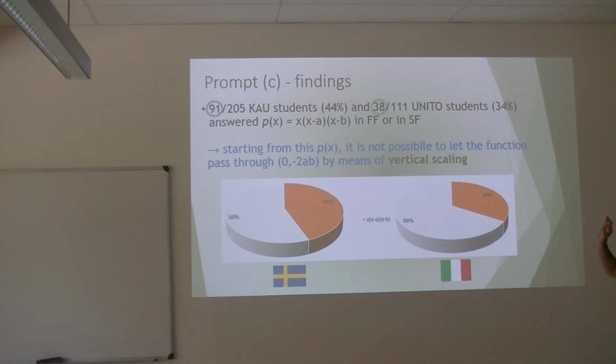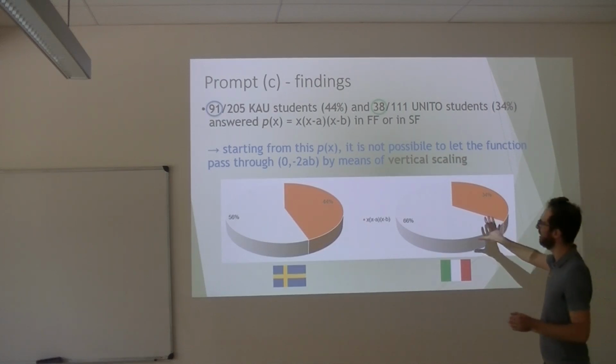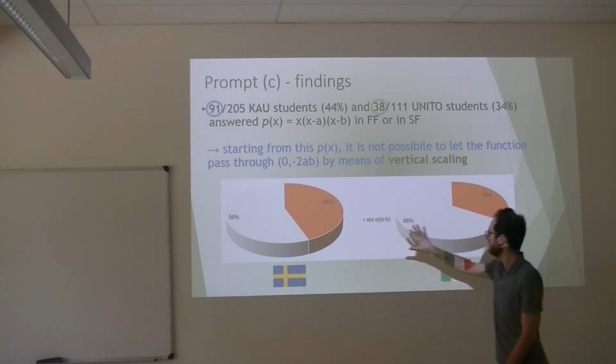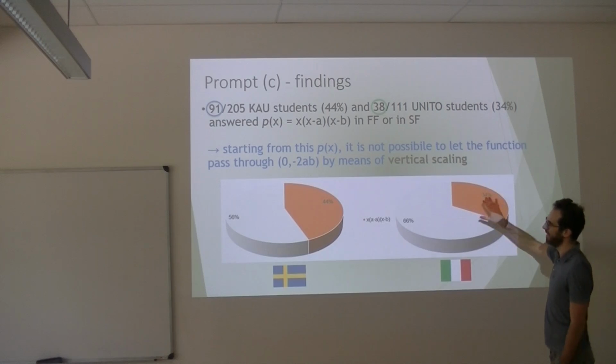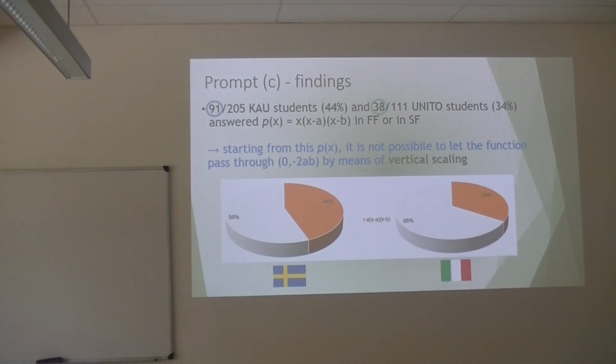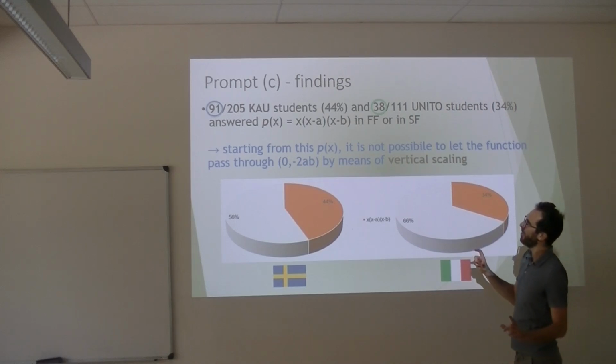This is also a graph of how many students in Karlstad and in Torino answered with this form, standard or factor. But in order to move to the next task, because they were subsequent to each other, we need students to understand also.